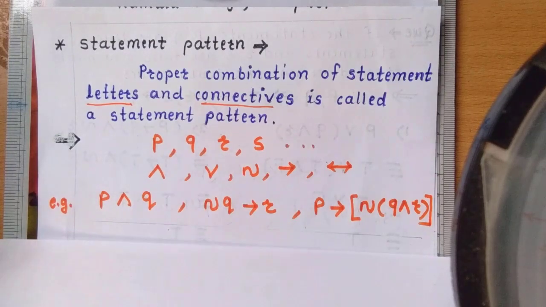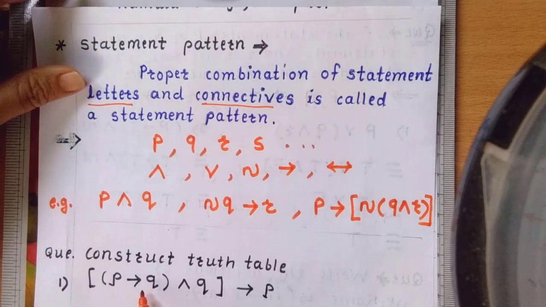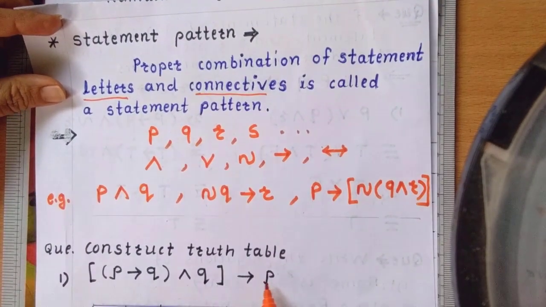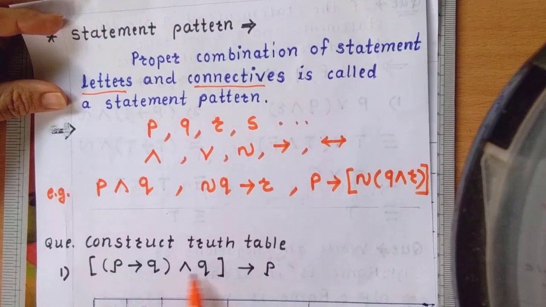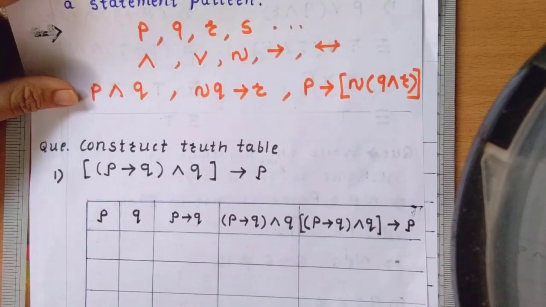And so for this we will consider our first statement pattern, this P implies Q conjunction Q implies P. Now here we can observe only two statement letters, P and Q. So now construct the table like this.